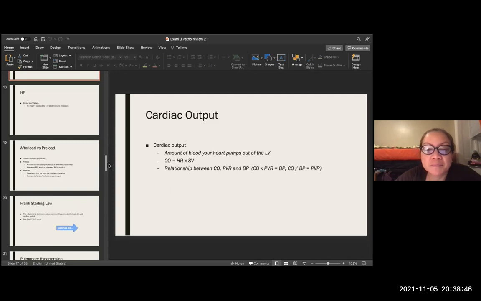What is the LV right here? Left ventricle. Oh, okay. Why do you think there is left ventricle hypertrophy? Usually, there's ventricular hypertrophy if the heart has either stenosis or regurgitation.